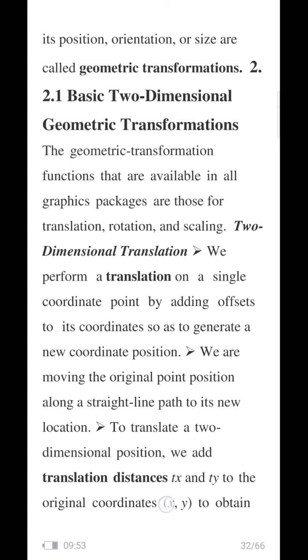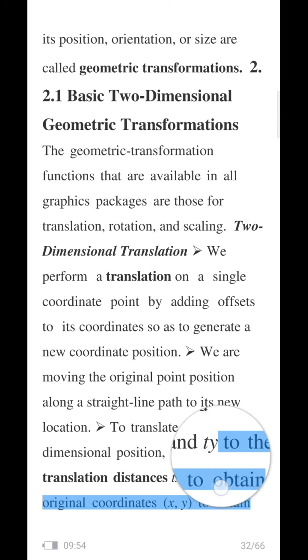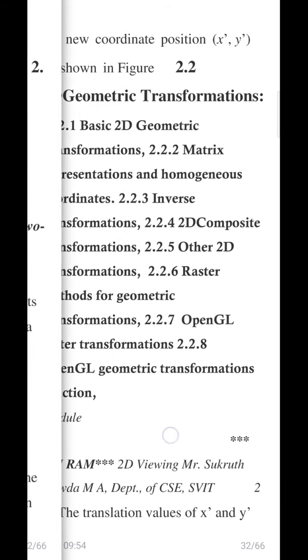As per our scenario, 10 and 10 are the original values, x and y are 10 comma 10, and the new position should be 20 and 20. Tx is the displacement, 10 for x as well as 10 for y, isn't it? 10 should be added to x, and the ty value should be added to y, isn't it?